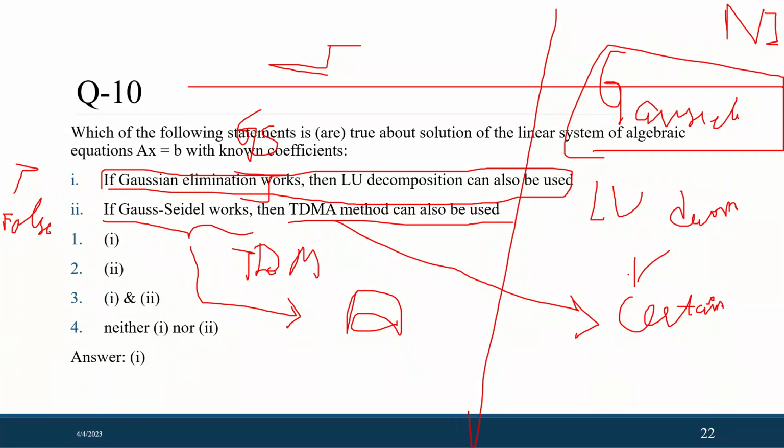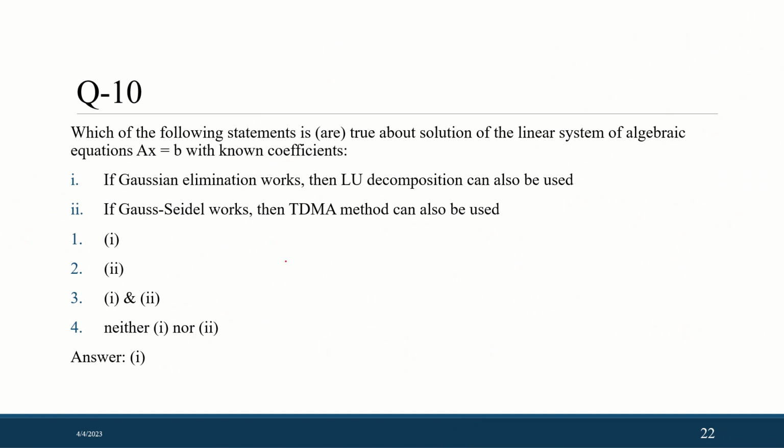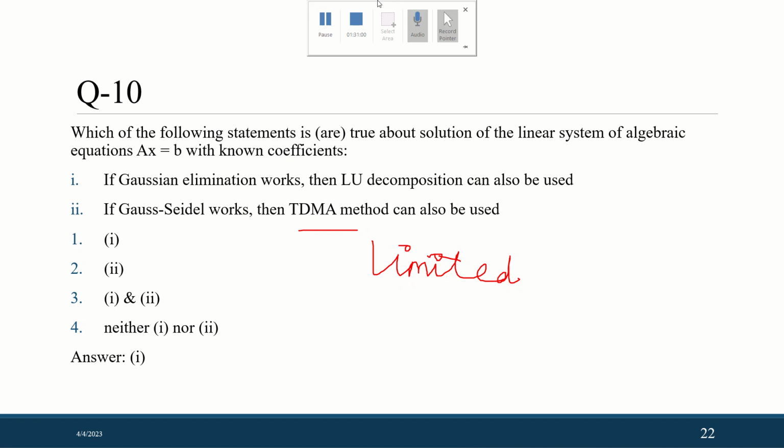So we can't assume that. This is a limited case. It can be used only for certain cases, only with those matrix structures, whereas Gauss-Seidel can be used for any.